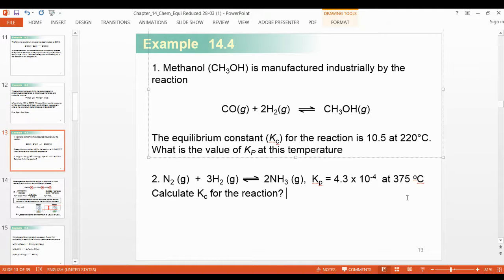Kp is never equal to only Kc. So never write Kc is equal to Kp. That is only the condition if delta N is 0, then Kp is equal to Kc, otherwise not. So just simply you write Kp is equal to Kc RT to the power delta N and put all the values. Kp value is written there, Kc you calculate.